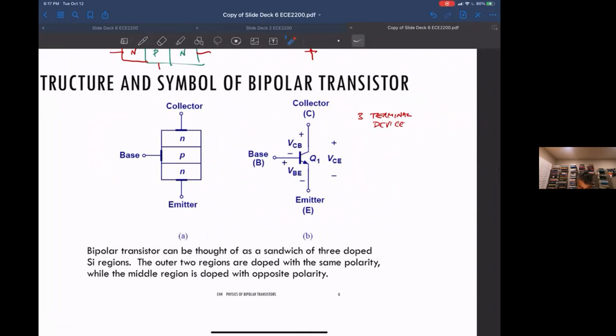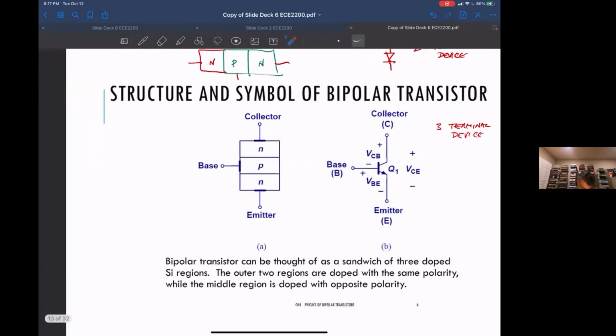By convention, just like we had cathode and anode for the connections of the diode, for the bipolar transistor this P region is always called the base. The N region with the higher voltage is called the collector, and the other N region is called the emitter.